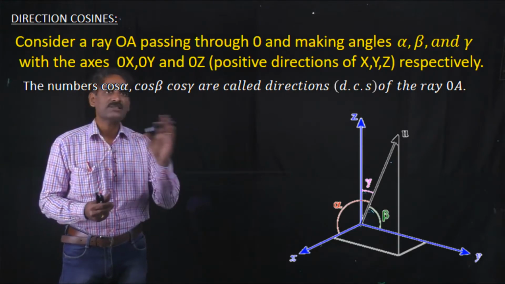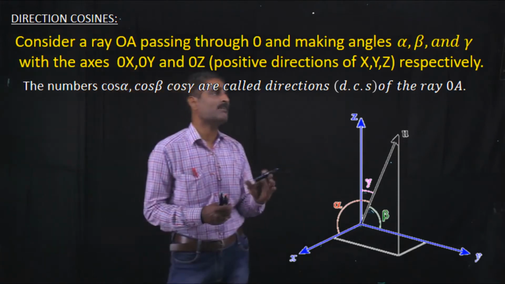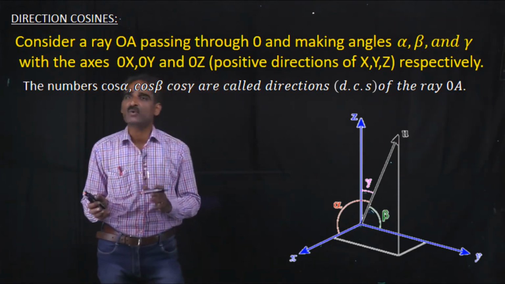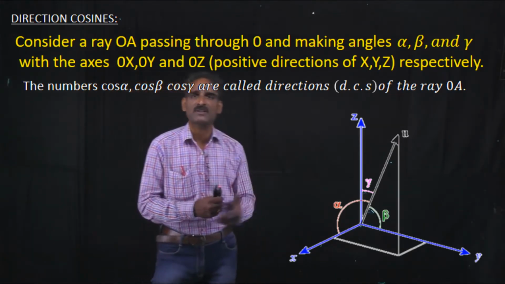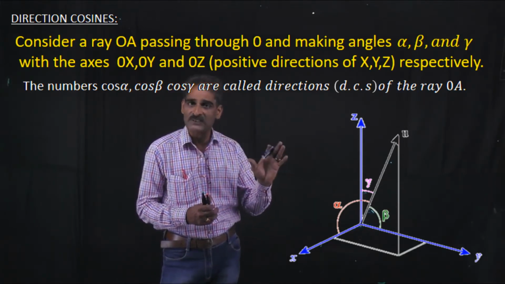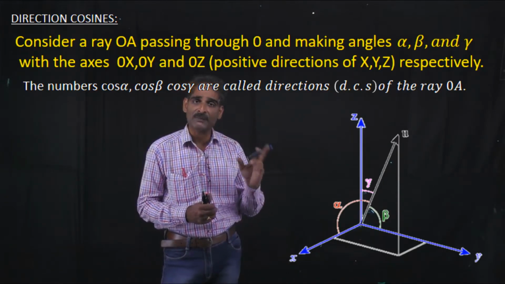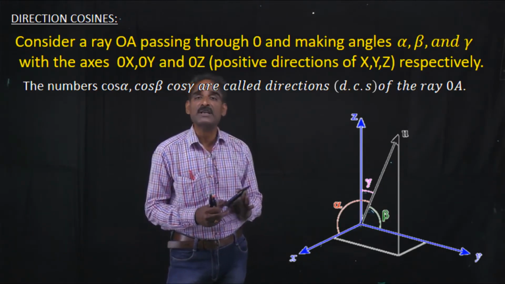For this, consider a ray OA. It makes some angles alpha, beta, gamma with the three coordinate axes OX, OY, OZ, the positive x-axis, positive y-axis, positive z-axis.